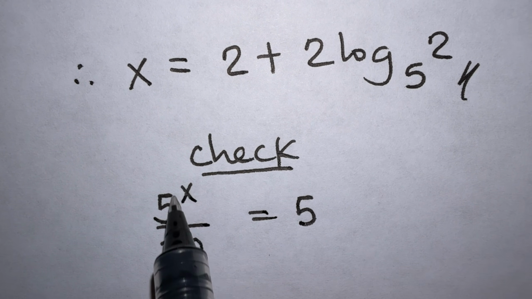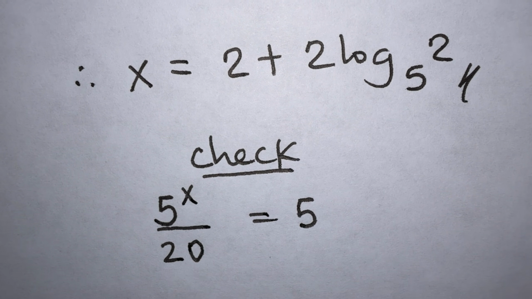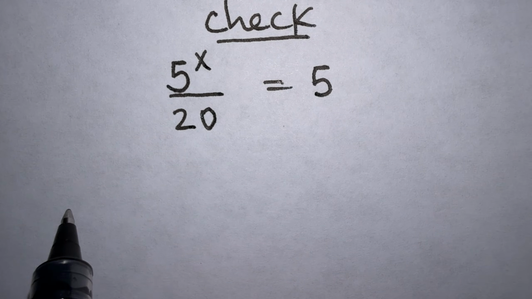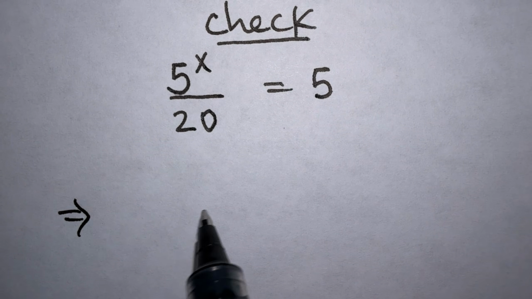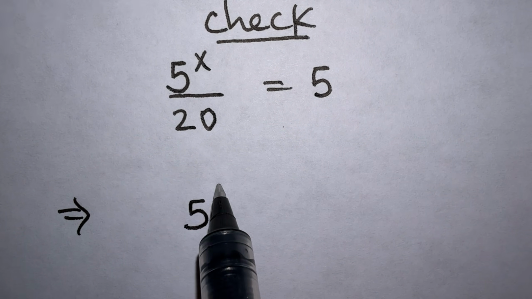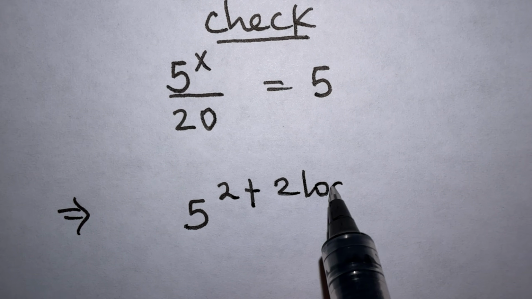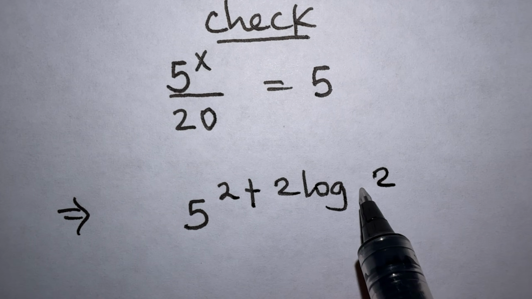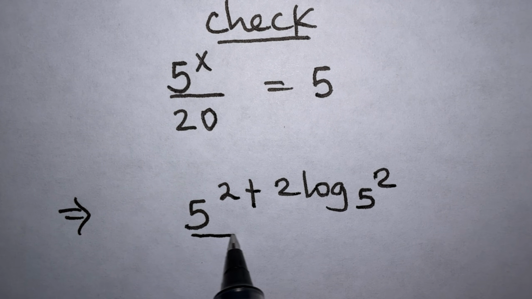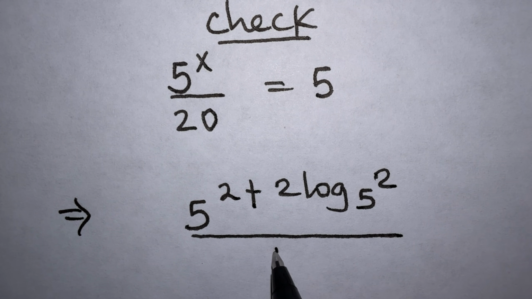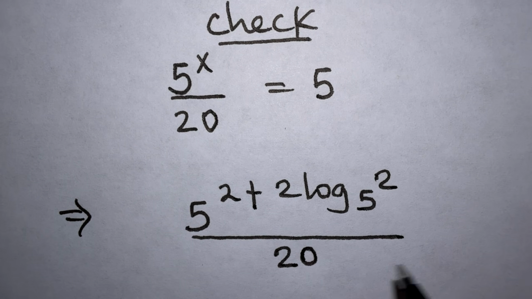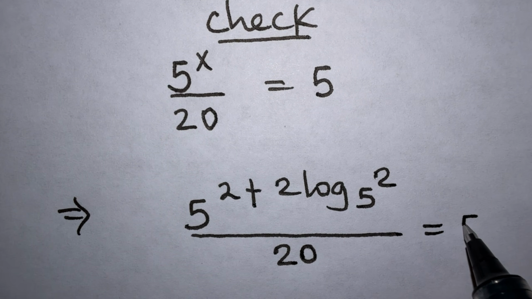So in place of x here, we'll put 2 plus 2 log 2 base 5, which would then imply 5 raised to power 2 plus 2 log 2 base 5 divided by 20 is equal to 5.